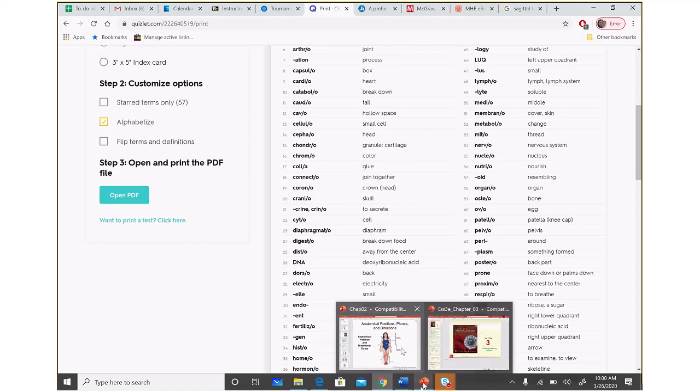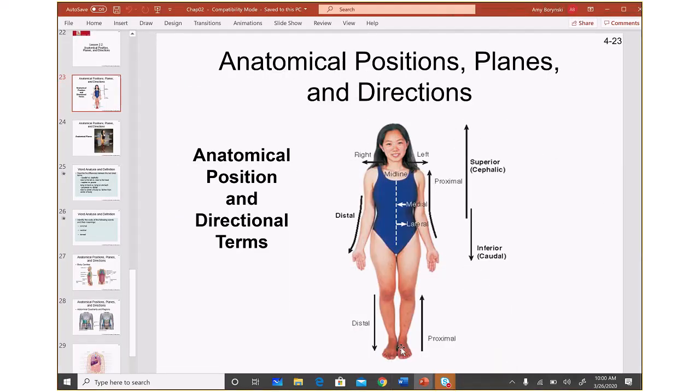All right, so this is the body, and you can see the right and the left, and it again is patient right and left, but there are all these crazy terms. It's how we describe things on the body. We're going to start, and they always come in pairs of 2.